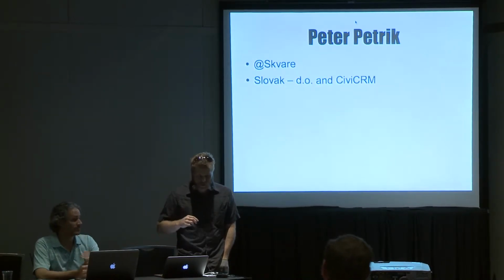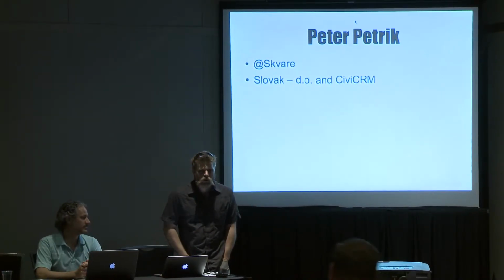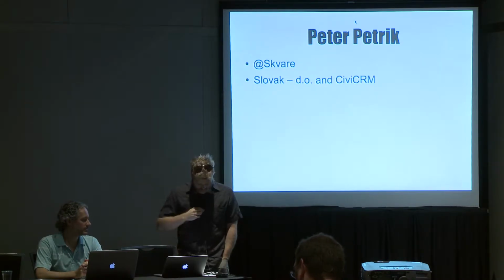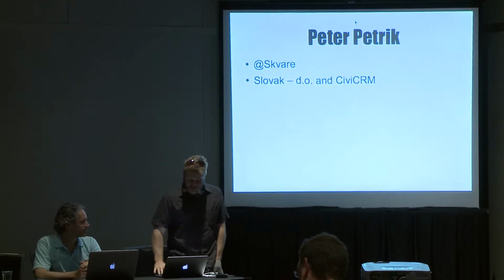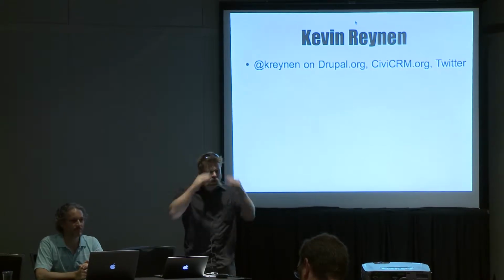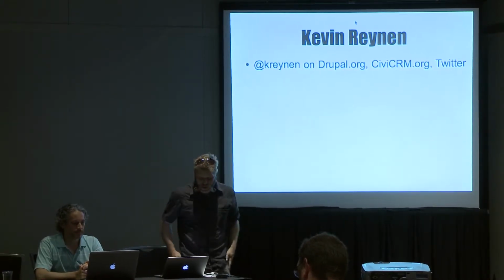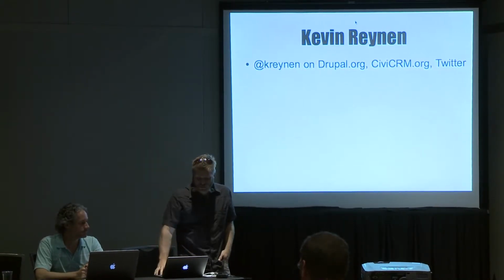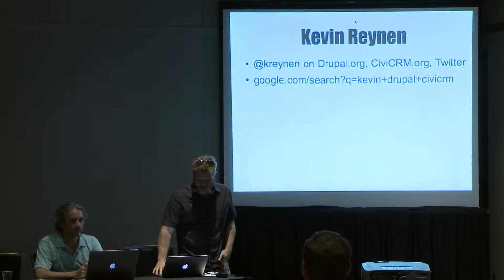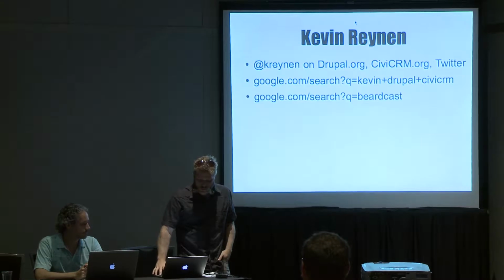Now I'm going to let Peter introduce himself first. So I will switch this. Okay, so yeah, we'll go backwards. My name is Kevin Reynen. I am K Reynen on Drupal, CiviCRM, and Twitter. I'm also the first Kevin if you search for Drupal and CiviCRM.